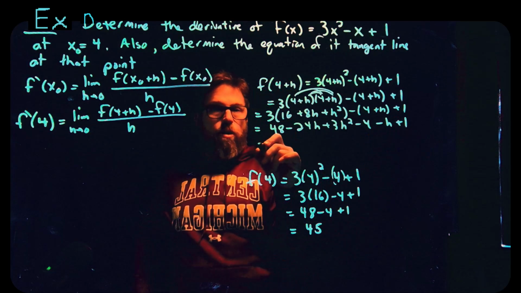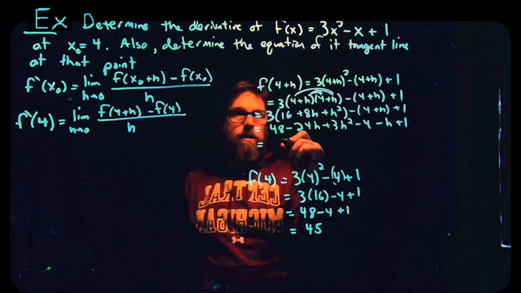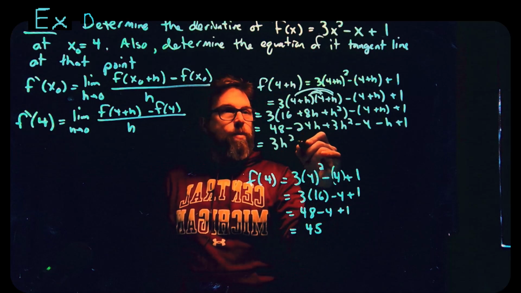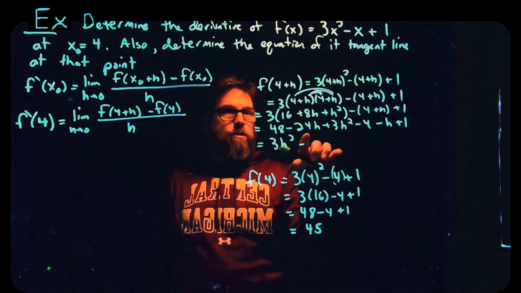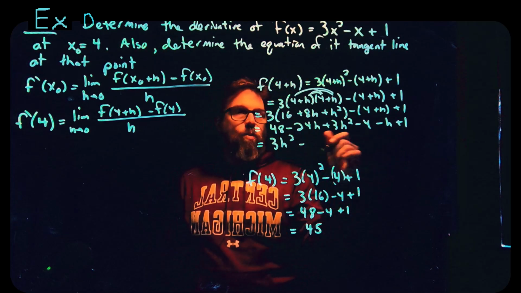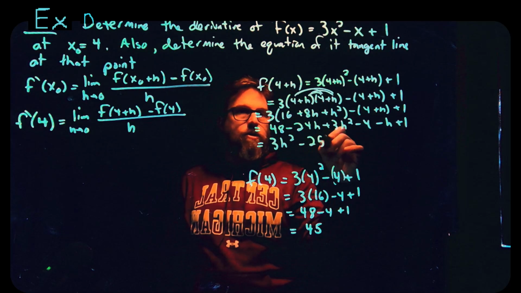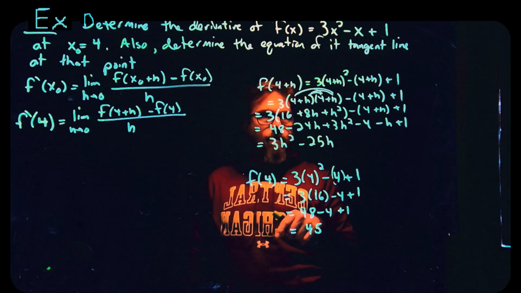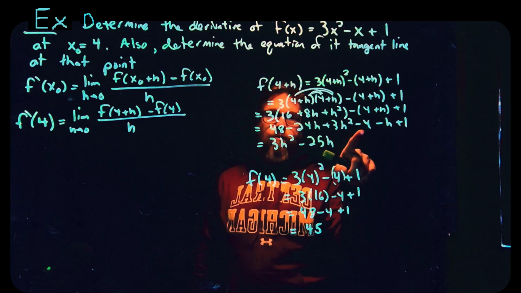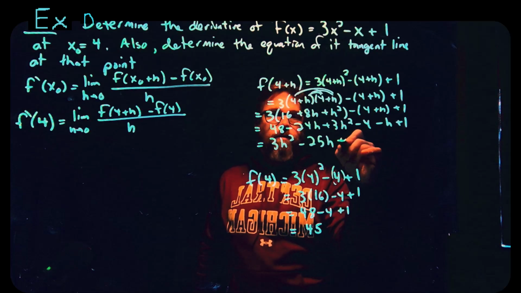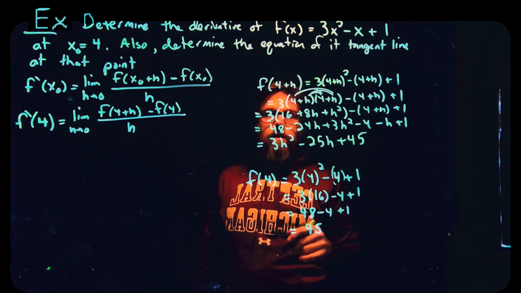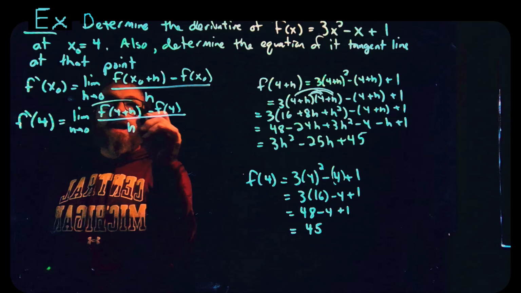And last, I can do all the addition and subtraction just by combining these like terms. So 3h squared plus, we got 24 and another 1h, so this is 25h. And then we have 48 minus 4 is 44 plus 1 is 45. So again, we have to know what is f of 4 plus h.